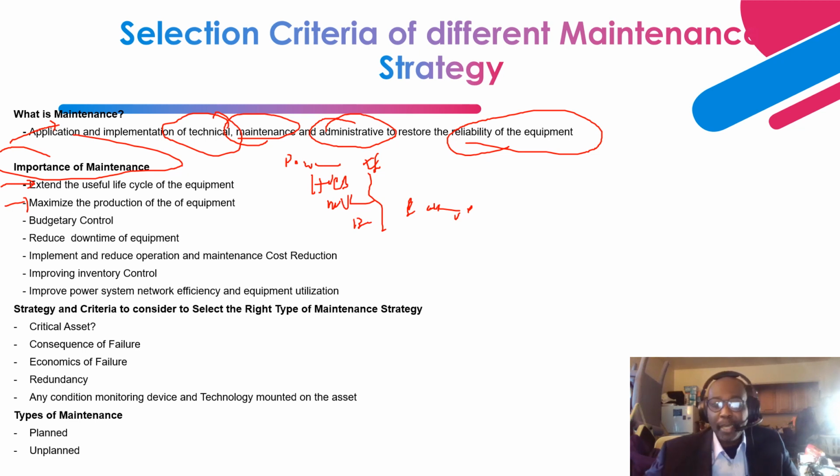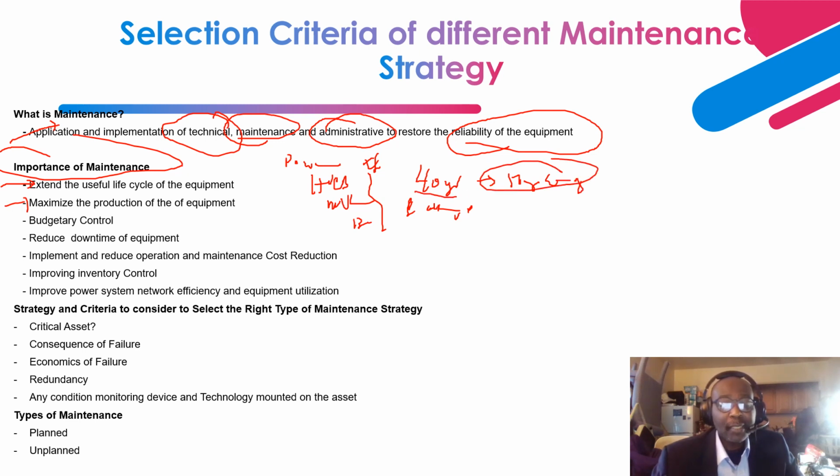If the equipment is supposed to last in operation for 40 years, by implementing and enforcing maintenance, we can extend it to about 50 years or even to about 60 years. That's what we are trying to do.